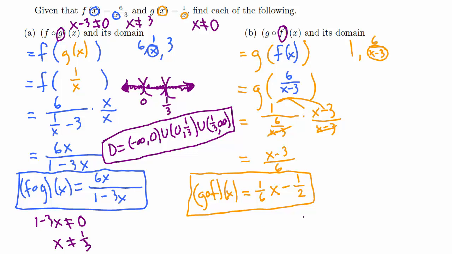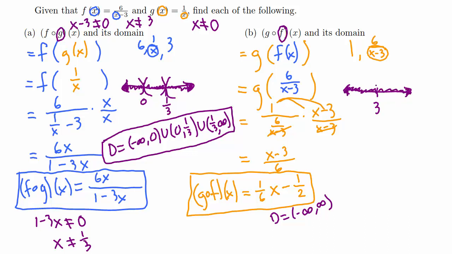Look at the answer here, 1/6 x minus 1/2. This is just a polynomial function. So for this portion, it's everything that I can use, negative infinity to infinity. So there's nothing that x cannot be from the answer, but we did get that x could not be 3 from the f function. Therefore, notice that on the number line, there's only one number that I cannot use, and that's 3.